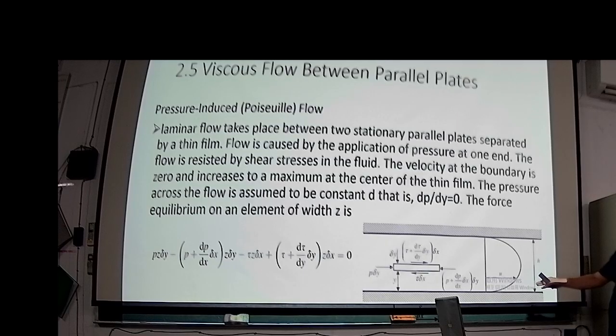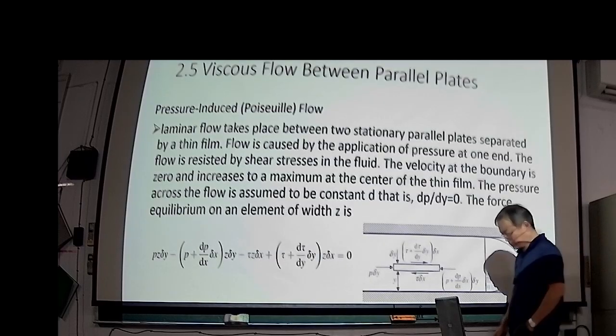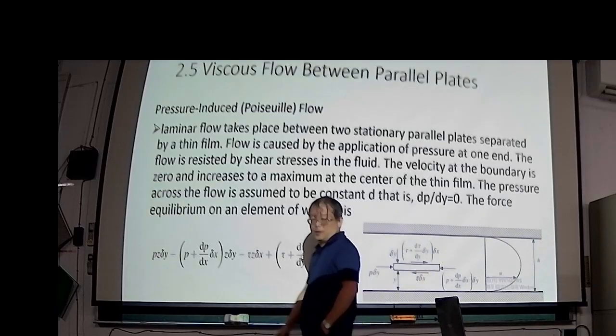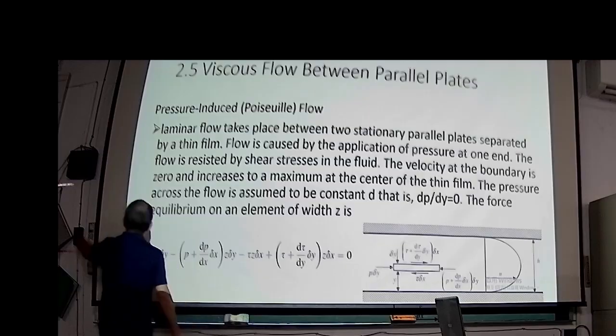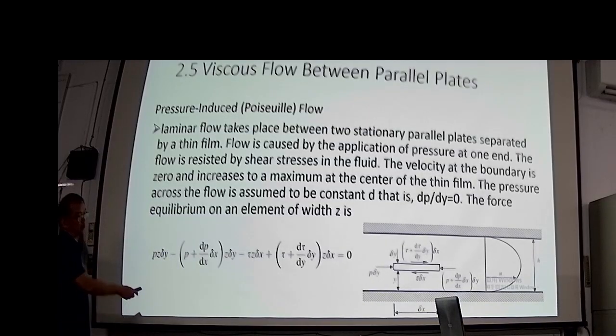Why? Because the lubricant is moving at constant speed u, so there's no acceleration. Okay? So that means you have a force balance.